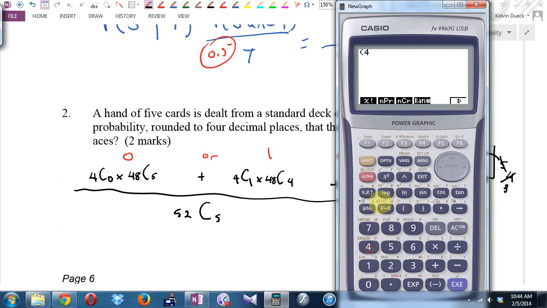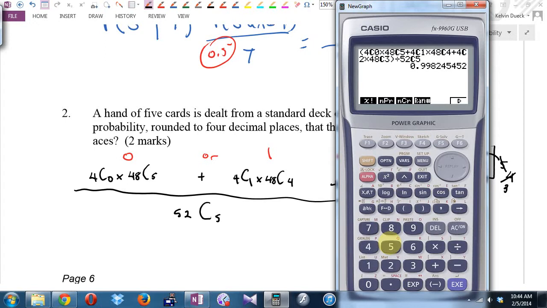Bracket 4, choose 0, and 48, choose 5, or 4, choose 1, and 48, choose 4, or 4, choose 2, and 48, choose 3, close bracket. All over 52, choose 5.